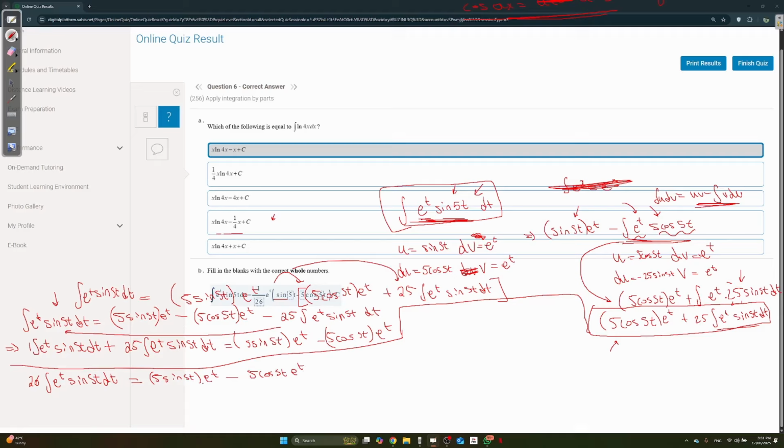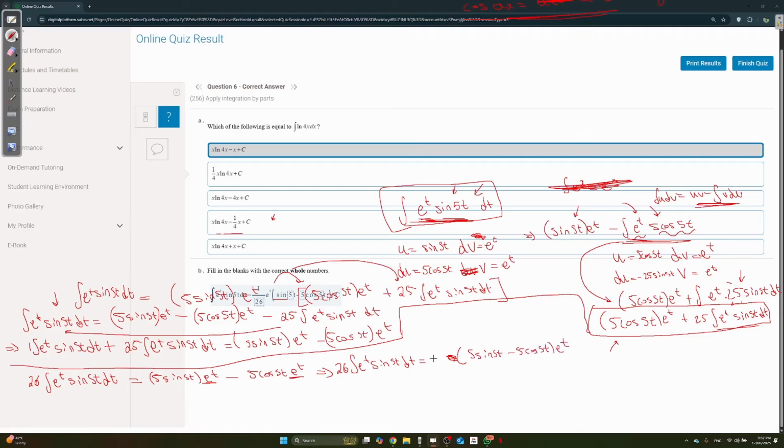Now, we can factor out e to the t. I don't like when I have e and e together, so I'm going to factor it out. So we get 26 integral e to the t sine 5t dt equals e to the t out, I'm going to have 5 sine 5t minus 5 cosine 5t.